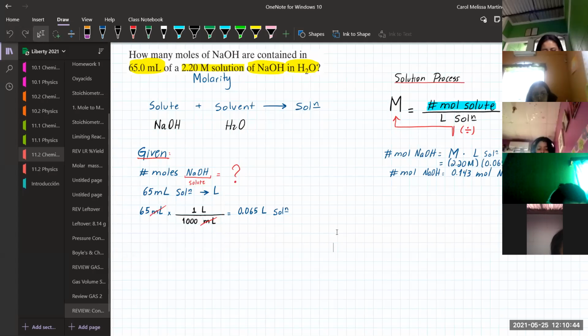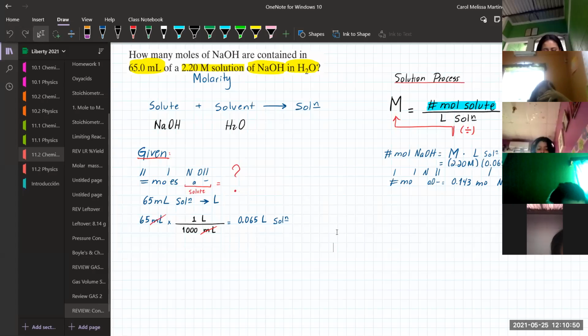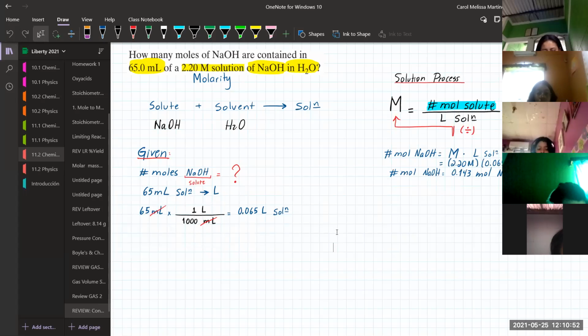But if I ask you grams instead of moles, you will have to perform the conversion process from number of moles to grams by using the molar mass. So it will depend on the problem. If it just asks you moles, this is the right answer. If it asks you grams, use the molar mass as a conversion factor.